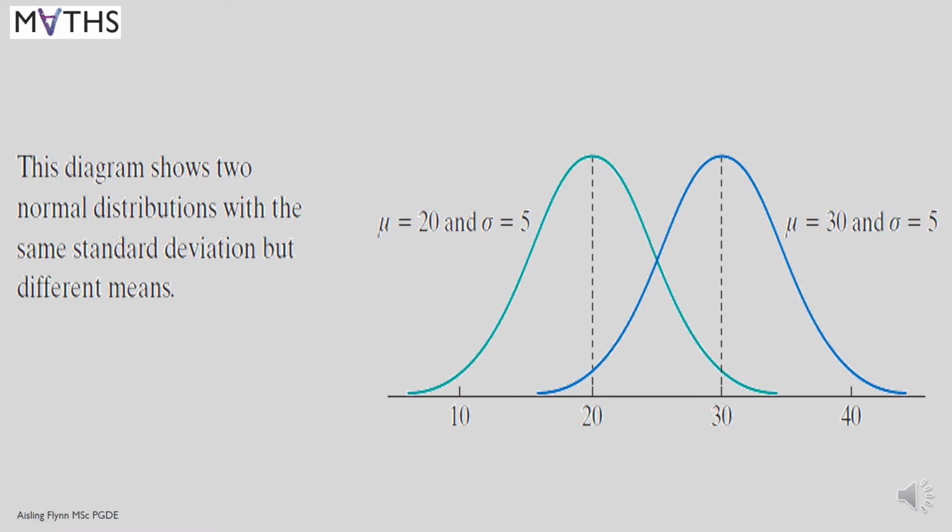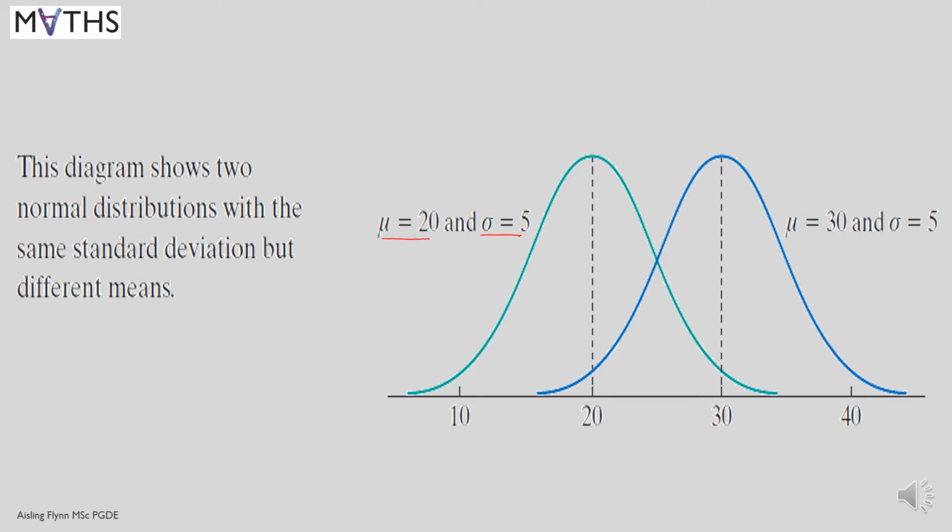This diagram shows two normal distributions with the same standard deviation but different means. The green curve has a mean of 20, so its center, its peak, is above 20. And it has a standard deviation of 5, so that's the width that we saw on the previous slide.